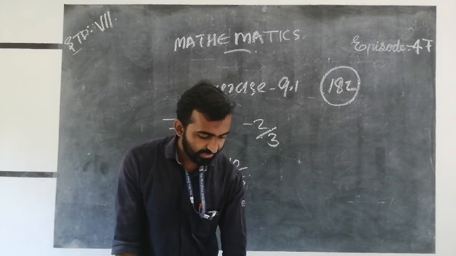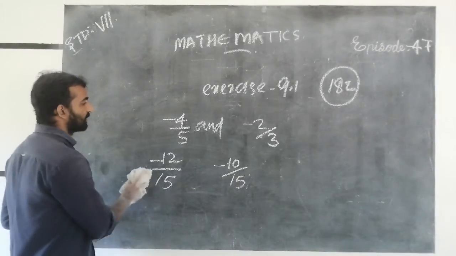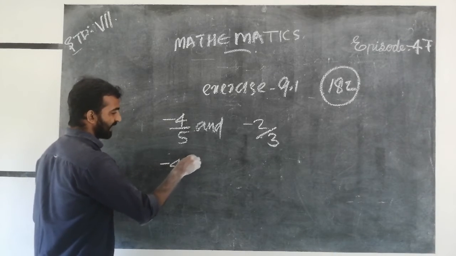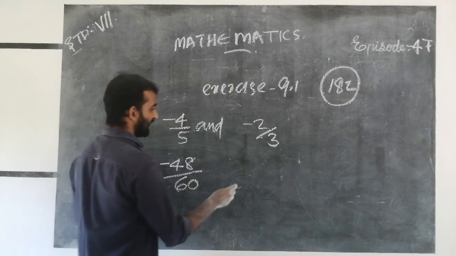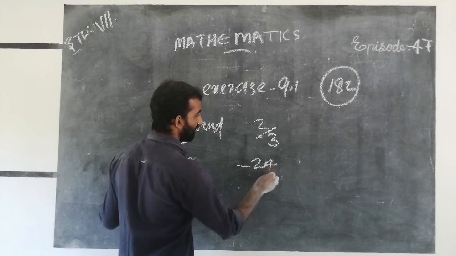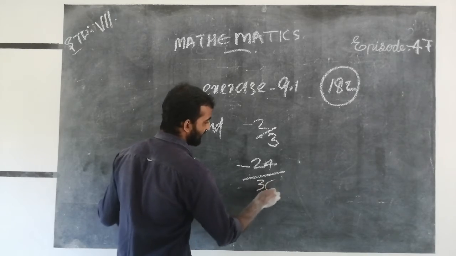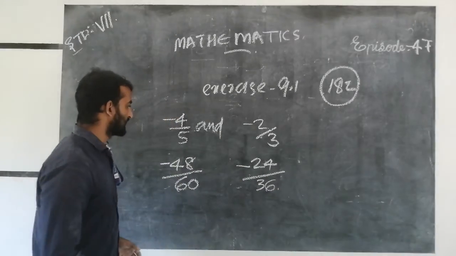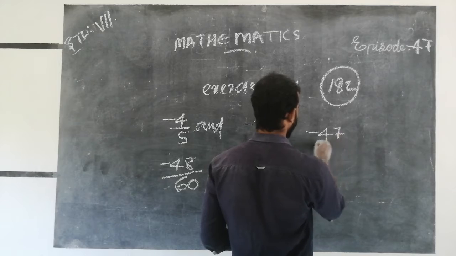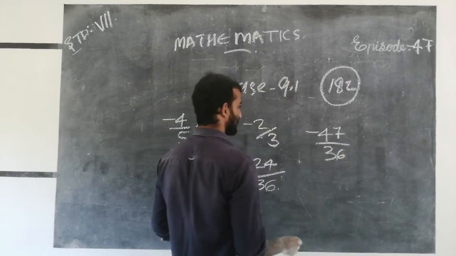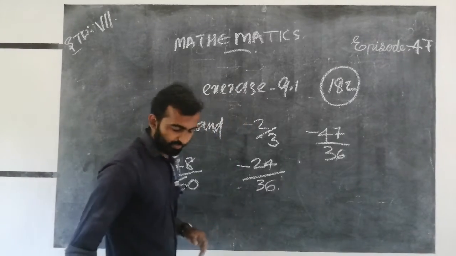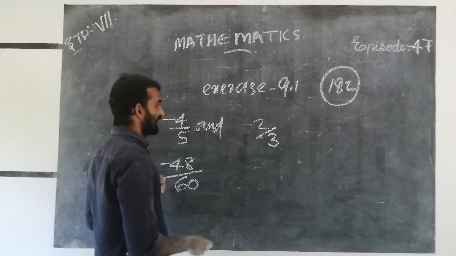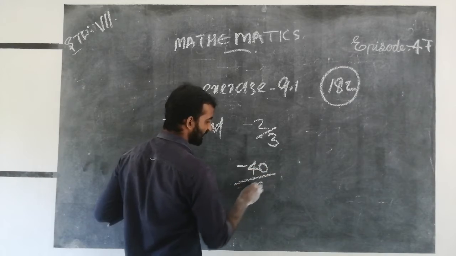Yes. So we multiply by a common factor. Here the same denominator is 60, and we take negative 40 by 60. We multiply by 20 in numerator and denominator, so we get negative 48 by 60 and negative 40 by 60.